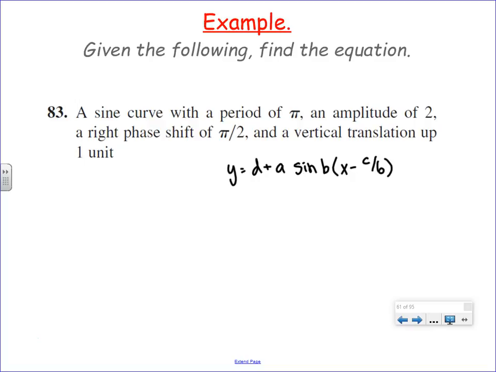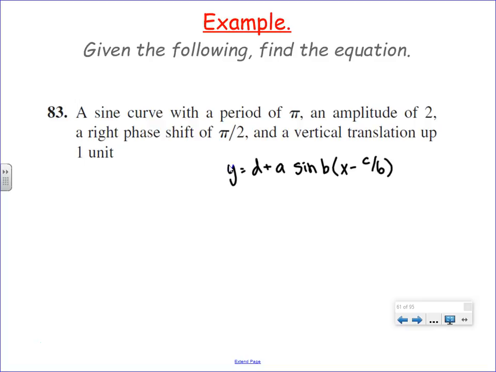Period of pi, amplitude of 2, right? Phase shift of pi over 2, and a vertical translation up 1. The question is, which one do we care about first? I mean, the period does come first, but if I was thinking about my graph, y equals, who's the sinusoidal axis?